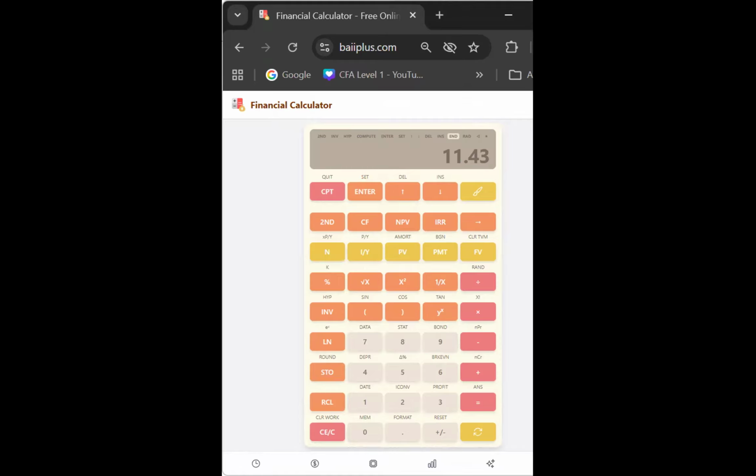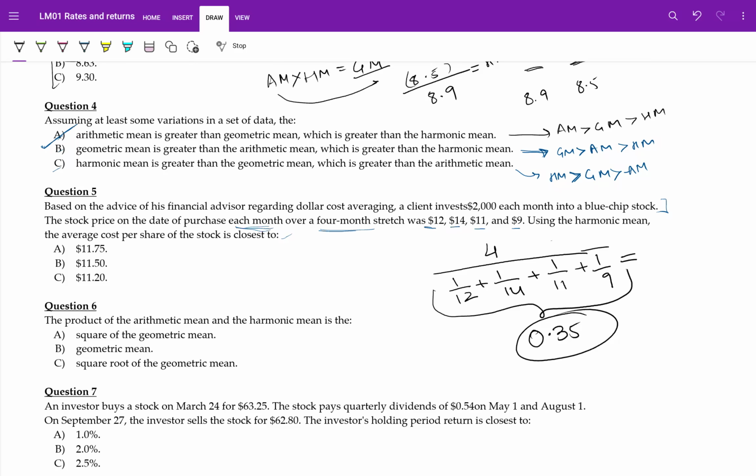Now, if we look at our options, 11.43, we can eliminate option A, we can eliminate option B, and 11.43 is somewhere in between option B and option C. So any of these could be the correct option.